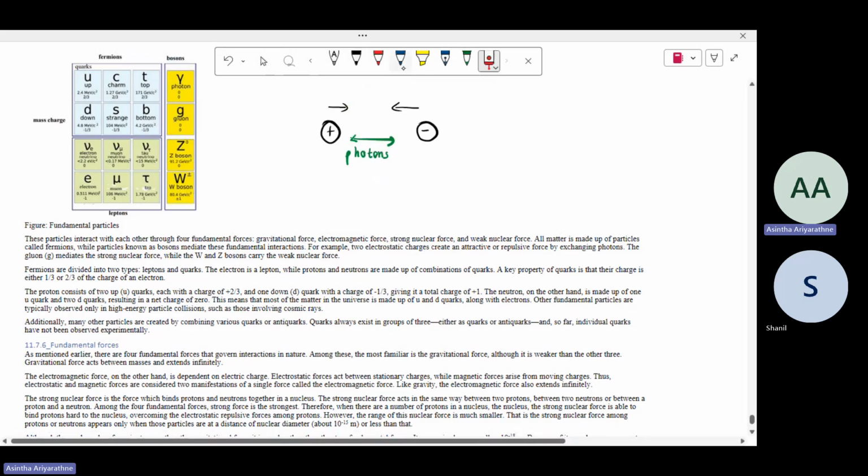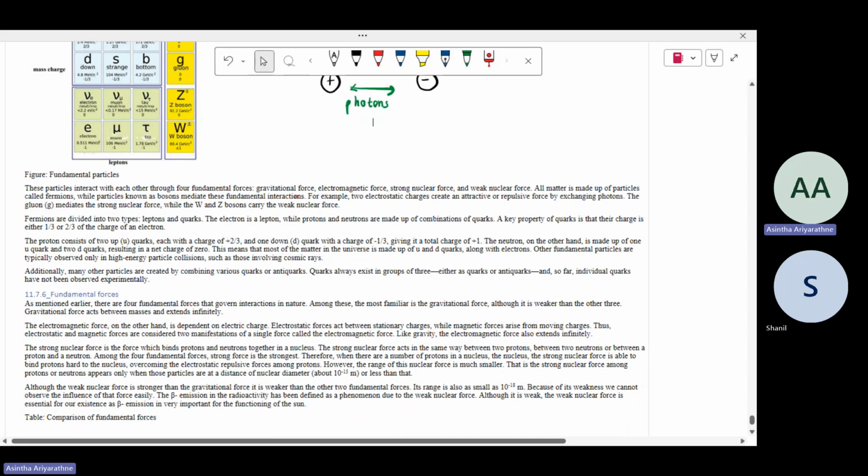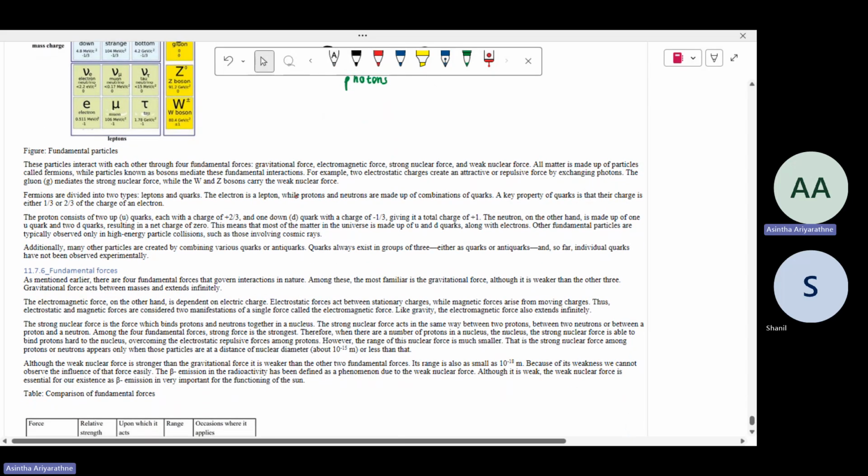So mainly, people have found there are only four types of fundamental forces. One is the gravitational force, then the electromagnetic force, the strong nuclear force, and the weak nuclear force.